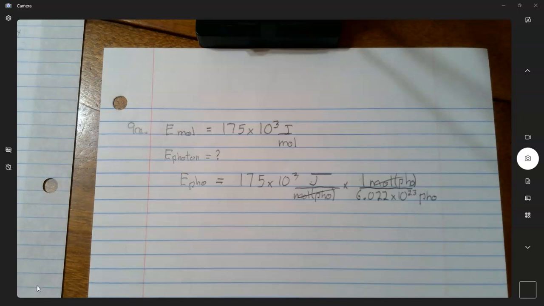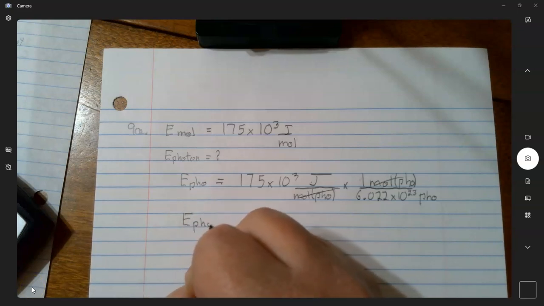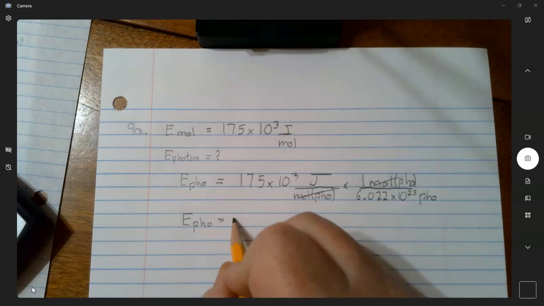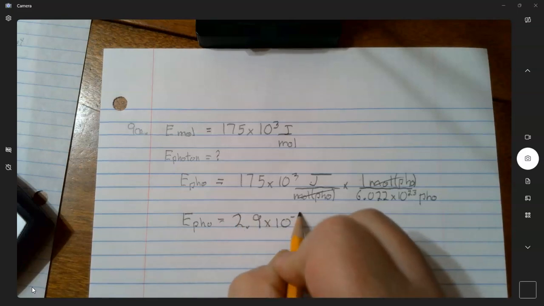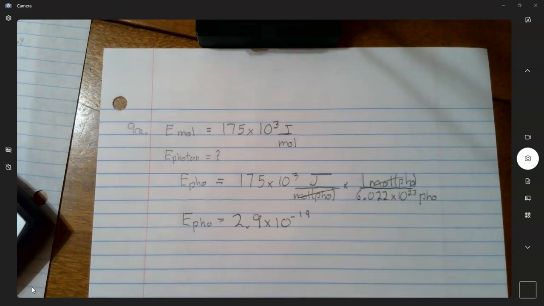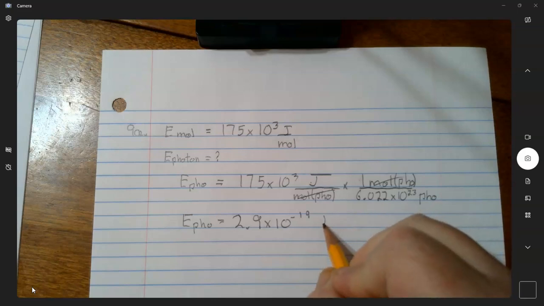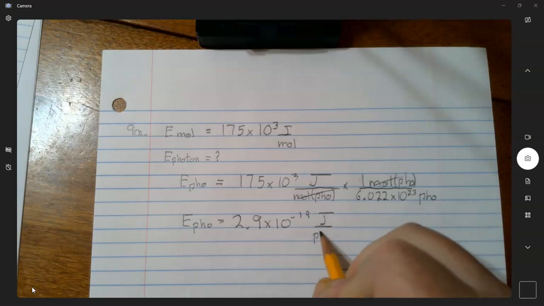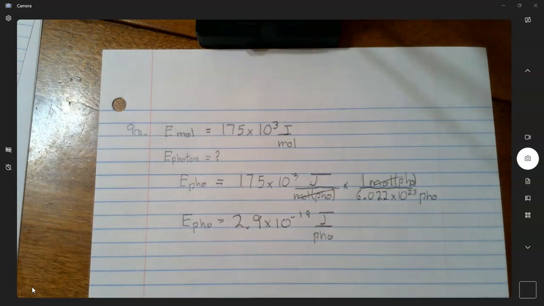So just go ahead and do the calculation on that. We end up with the energy in one photon of visible light, of this red light, is 2.9 times 10 to the negative 19th. So look at that exponent, negative 19, for the energy of a photon. So that's joules per photon. That's typically what you should be getting. In fact, always when it's visible light.